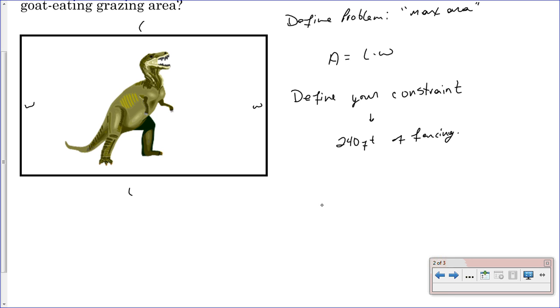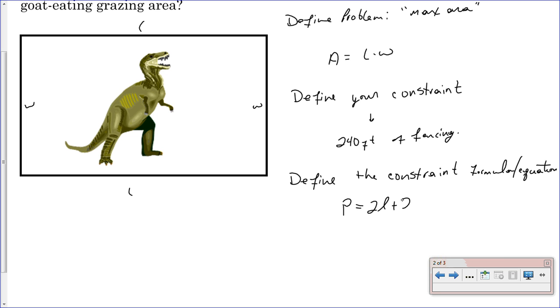Okay. So now we need to define the constraint formula, or equation. In this case it's perimeter. Well, perimeter is 2L plus 2W.